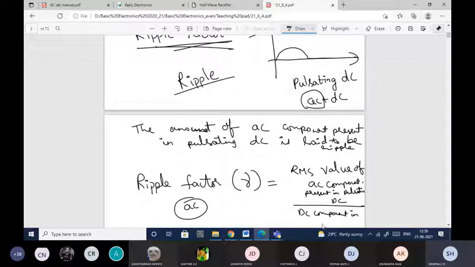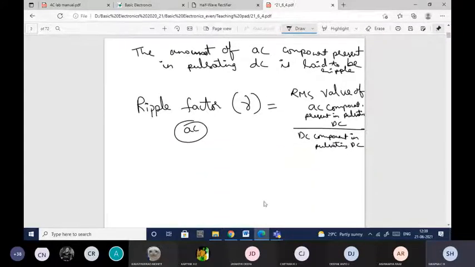With respect to current, it will be the RMS value of IAC divided by IDC. This is what I need to find.